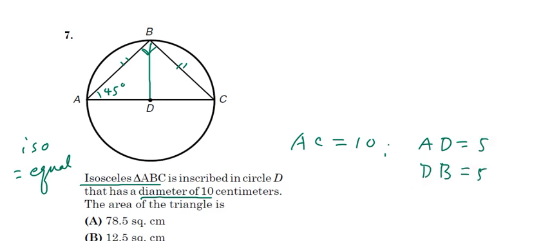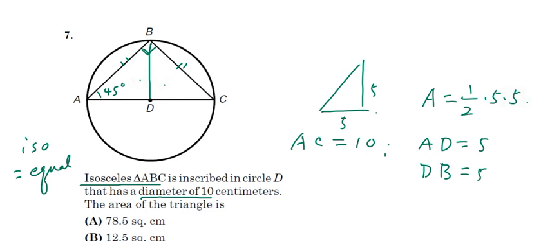Just check this triangle: here's 5, here's 5. What is the area? The area equals half times 5 times 5. Here we have 2 of them, so we multiply by 2. So the area is just 5 times 5, which equals 25.